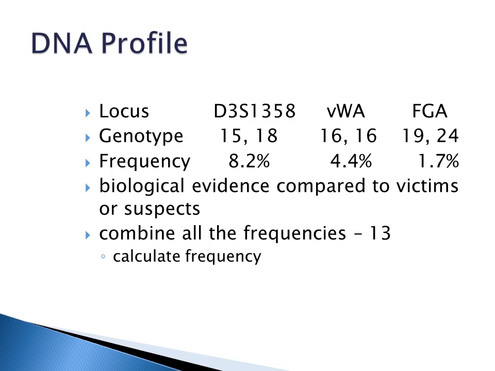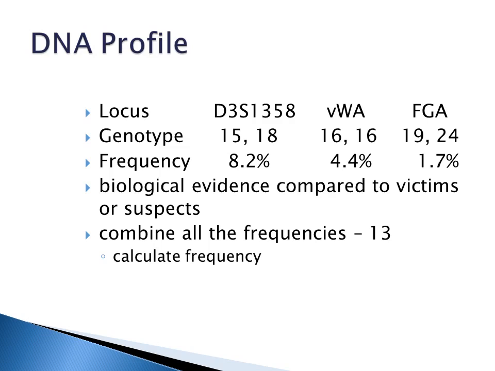What's the frequency at each locus? 8.2%, 4.4%, and 1.7%. So at D3S1358, someone that has a 15, 18 genotype at that locus, 8.2% of the population has that same genotype. At the VWA, a 16, 16, 4.4% of a specific population has that genotype.